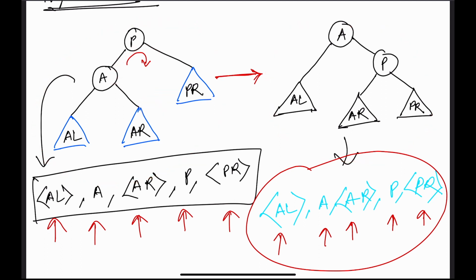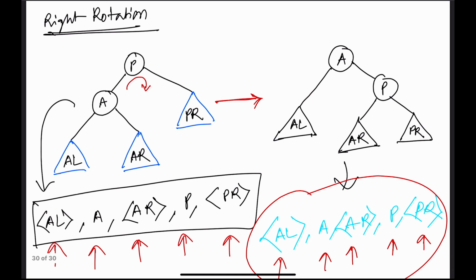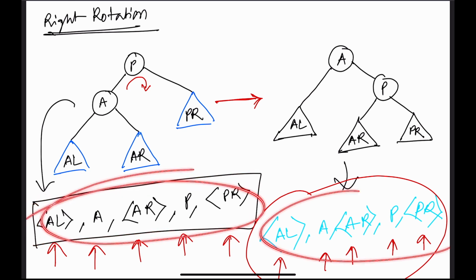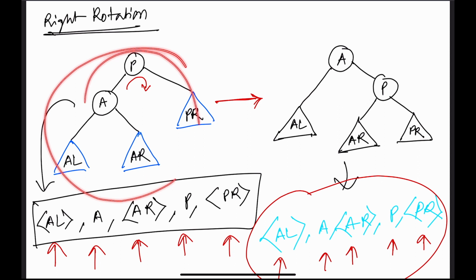You would be asking me why the rotation is necessary for all these things. We will talk about it later. For now, just leave everything and try to understand what exactly right rotation is. The ultimate aim is for the in-order traversal to remain the same. So the in-order traversals are the same, but the tree structures are not.